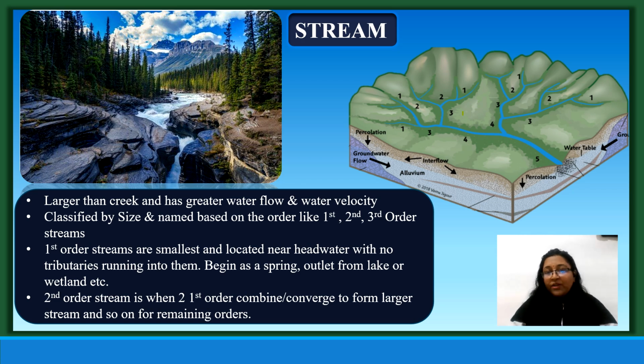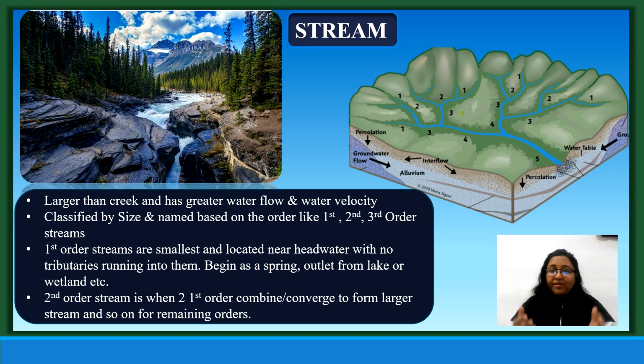If you take a look, the smallest order of a stream is named as stream order 1. In this image it is very clearly visible that the 1 directly receives water from the land masses, directly from the catchment or watershed.